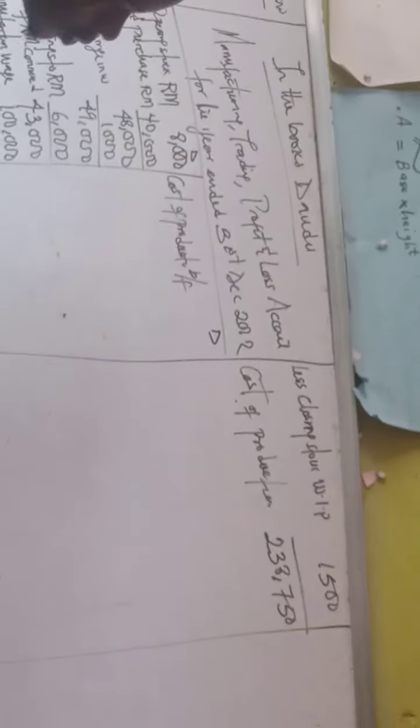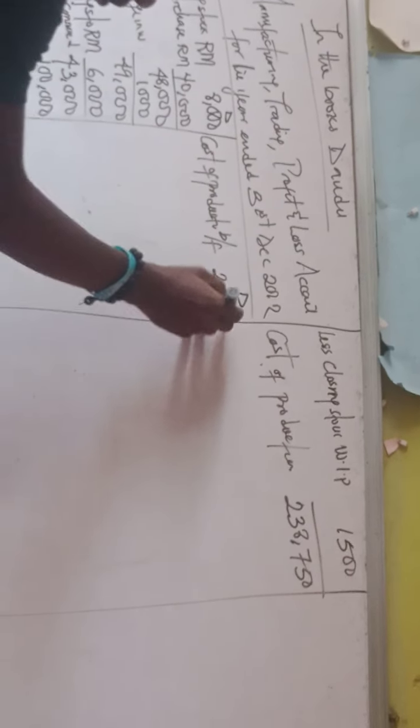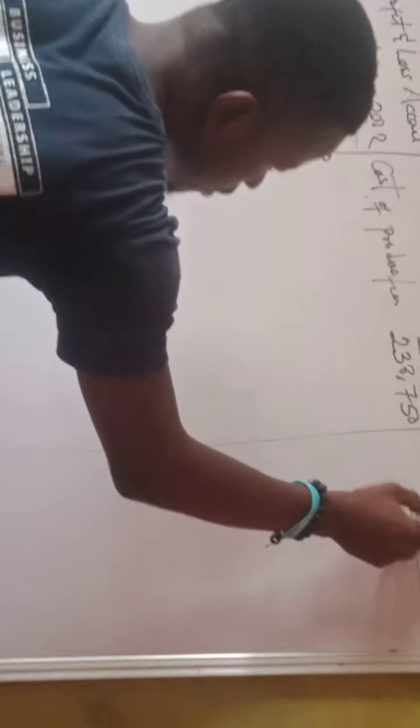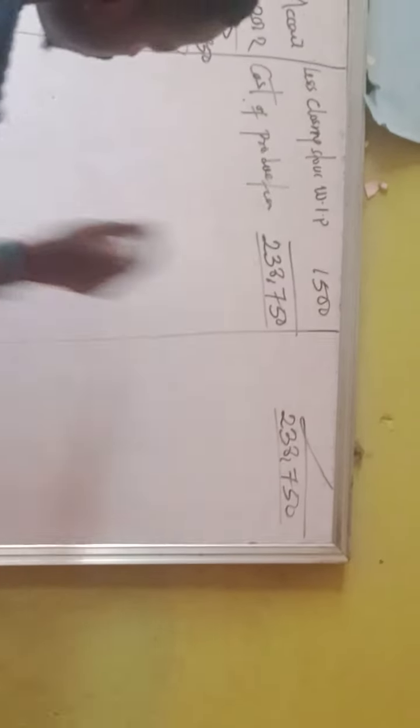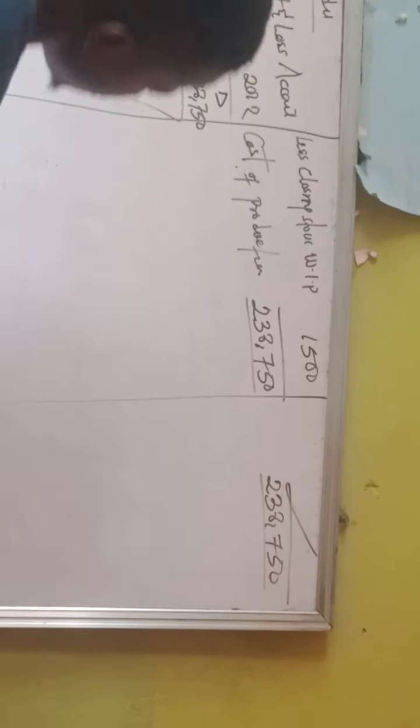So you come here, cost of production brought forward, 238,750. Now you bring it down. You have it here, 238,750. You're done.